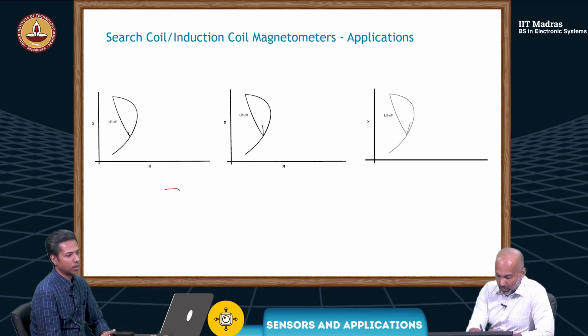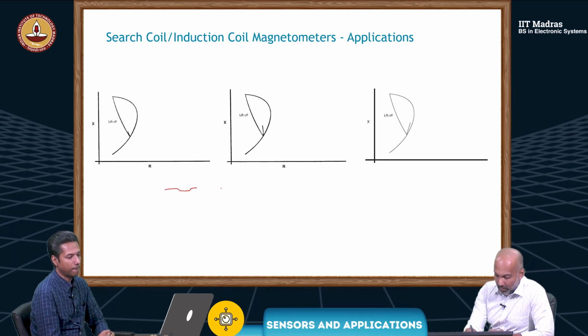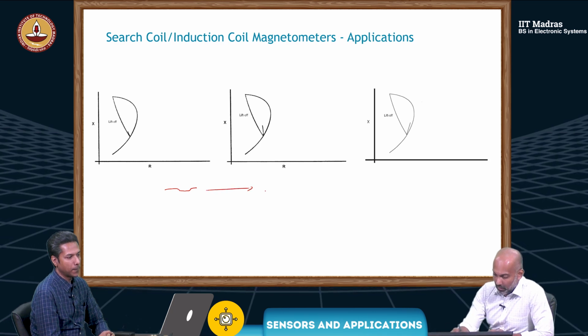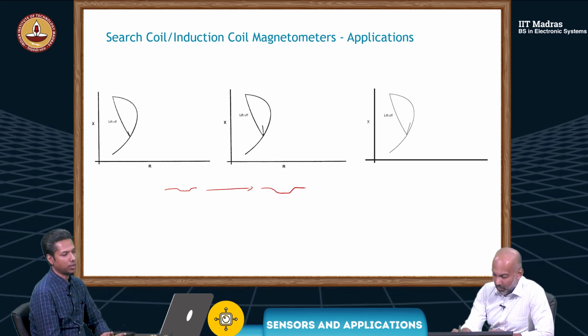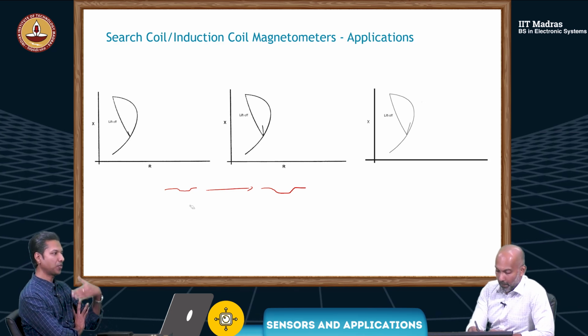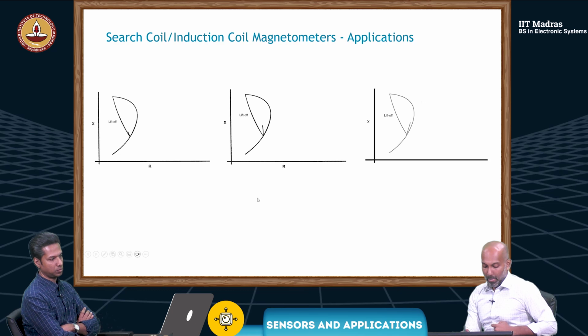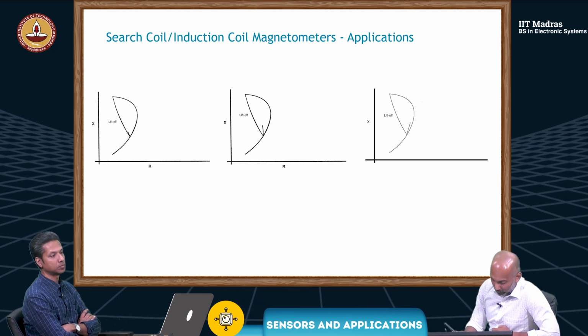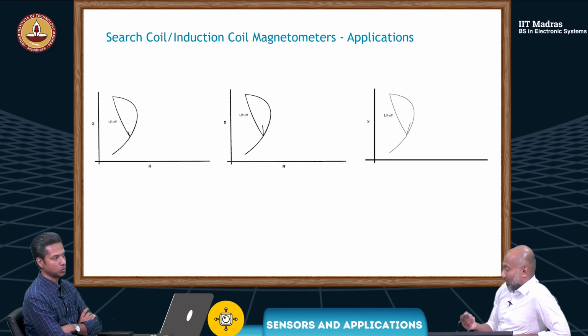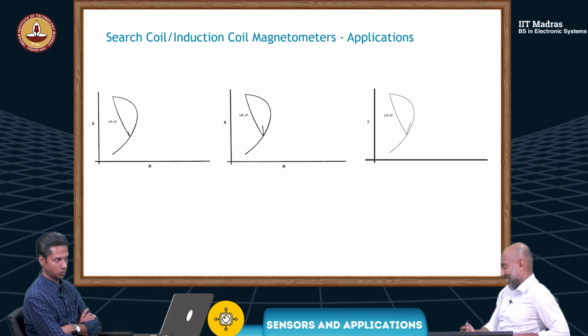The crack, let's say, is like this, and then here the crack depth increases. We're talking about a surface crack, so shallow cracks.